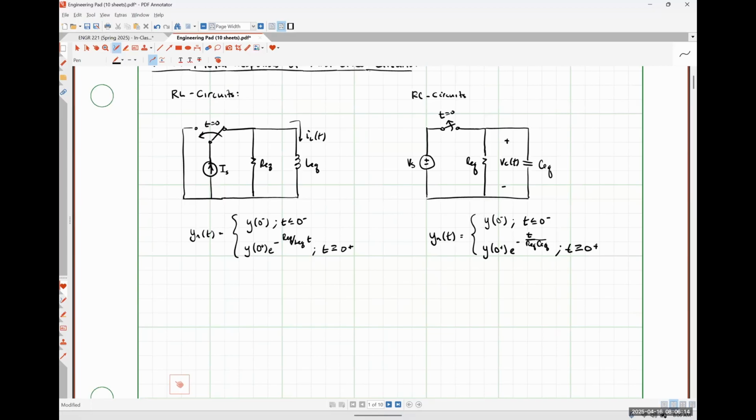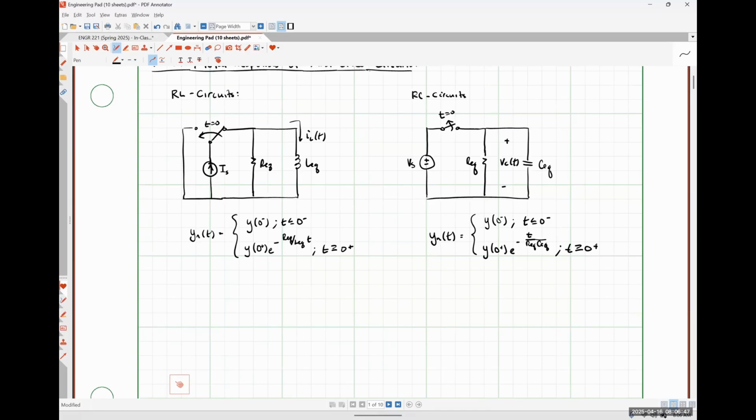So because these are so incredibly similar to each other, electrical engineers have decided to express that rate of exponential decay as a generic term, which is what's called a time constant for our circuit, okay? So a time constant is very similar to the half-life that you probably heard about in chemistry. It's just defining that rate of exponential decay.